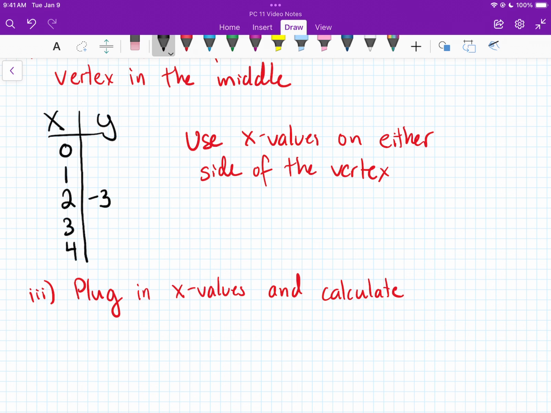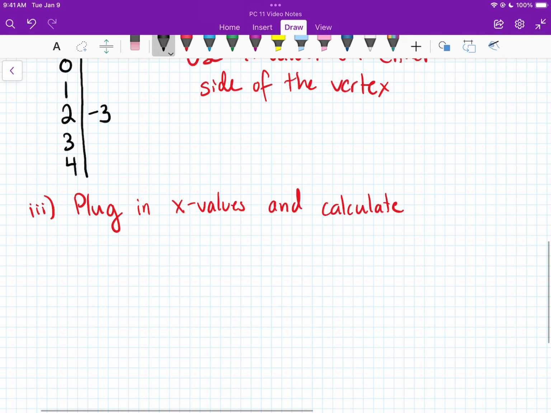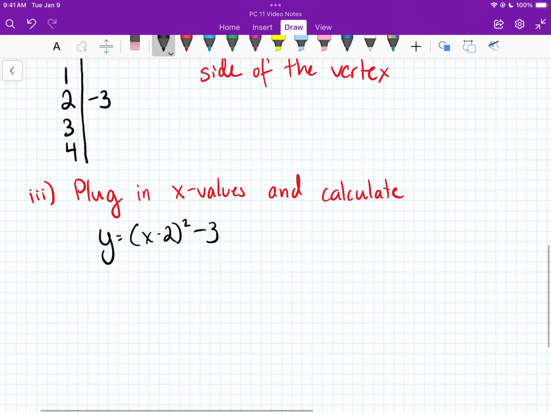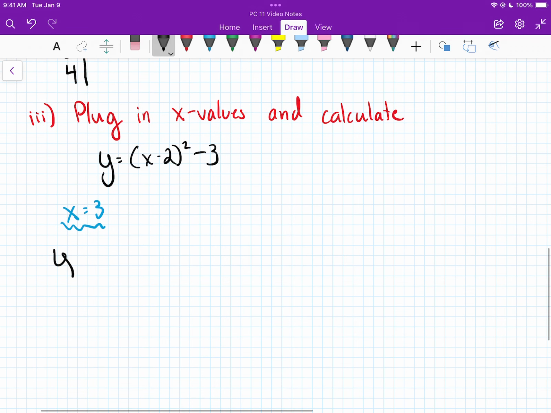So for us, remember our function is y equals x minus 2 squared minus 3. If we take x equals 3 and plug it into our function here, we've got y equals 3 minus 2 squared minus 3.